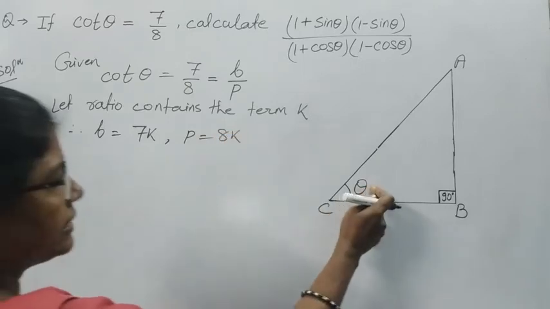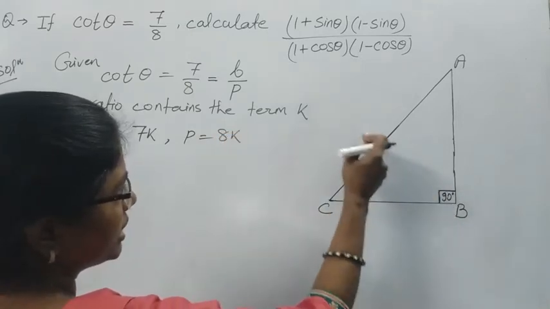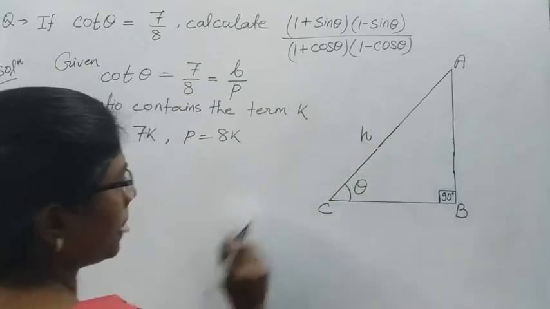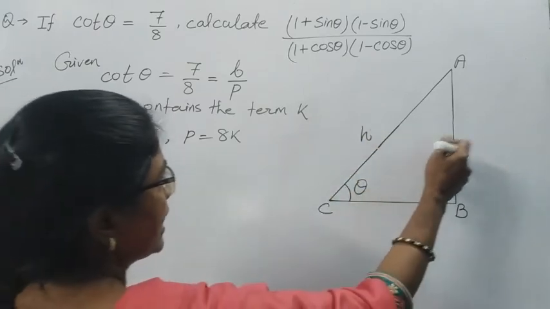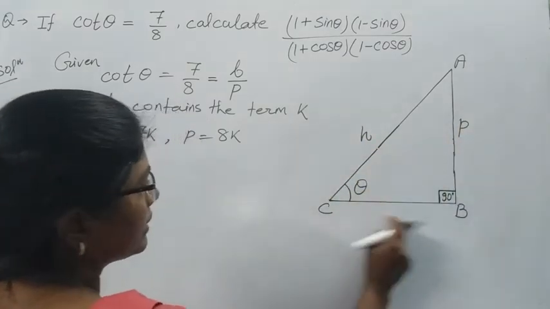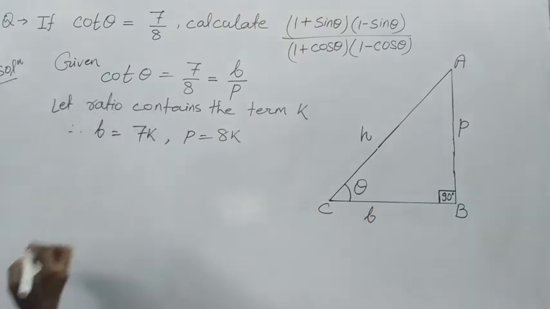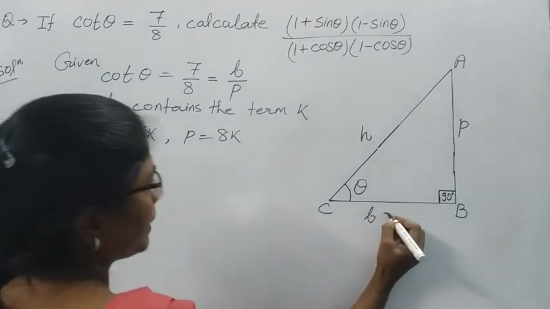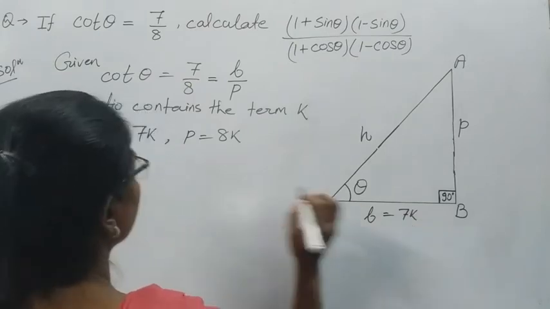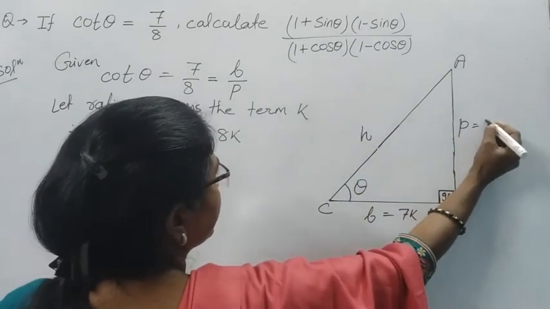So for this angle theta, since the opposite side of 90 degree, the hypotenuse, is fixed here. For this angle theta, the opposite side is taken as perpendicular and the third side is taken as base. So from here, B is equal to 7k, P is equal to 8k.